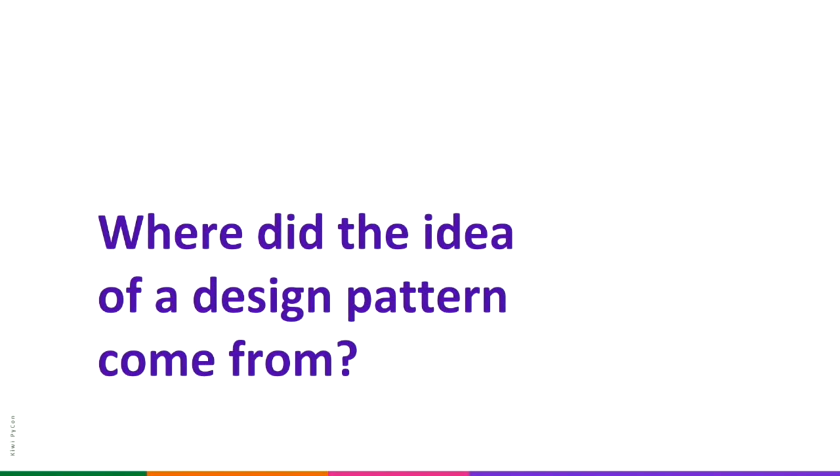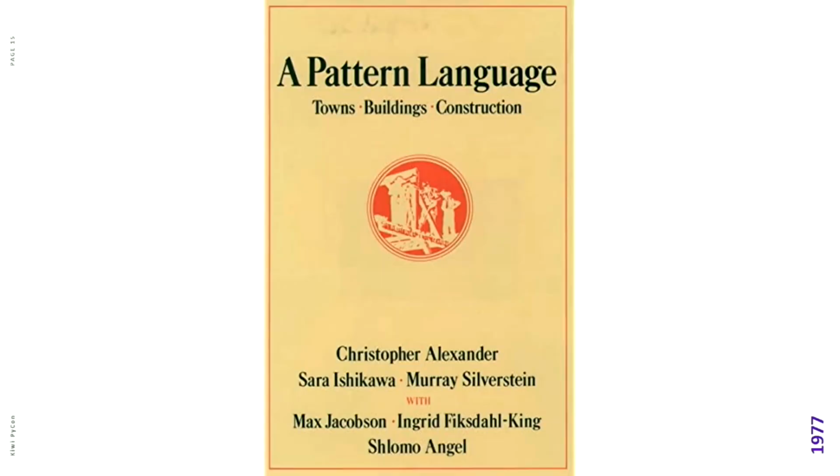So where did the idea of a design pattern originally come from? This is a book that was published in 1977 by a building architect called Christopher Alexander. He obviously had a few collaborators.